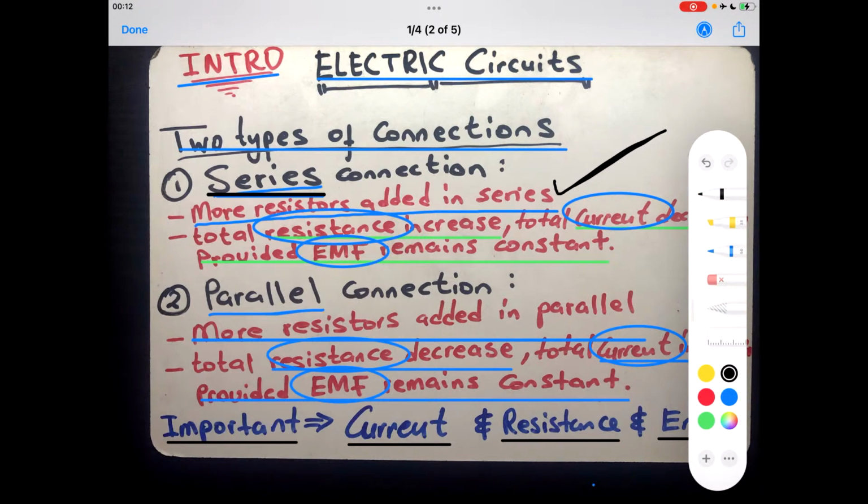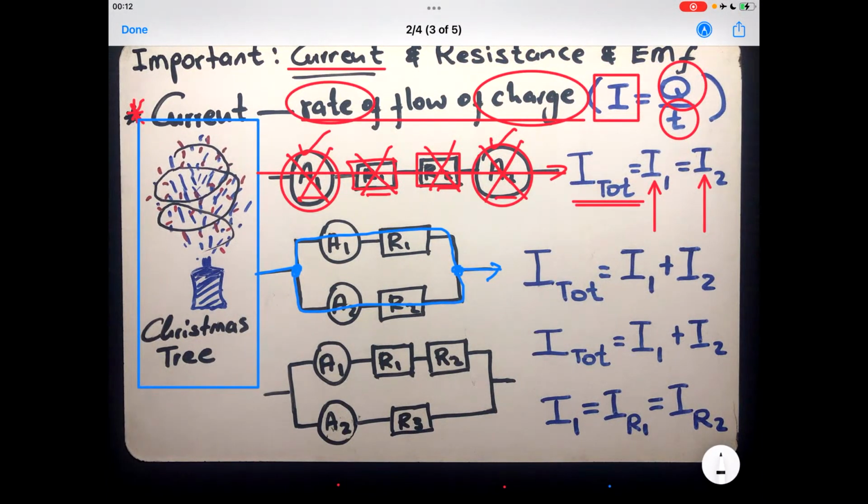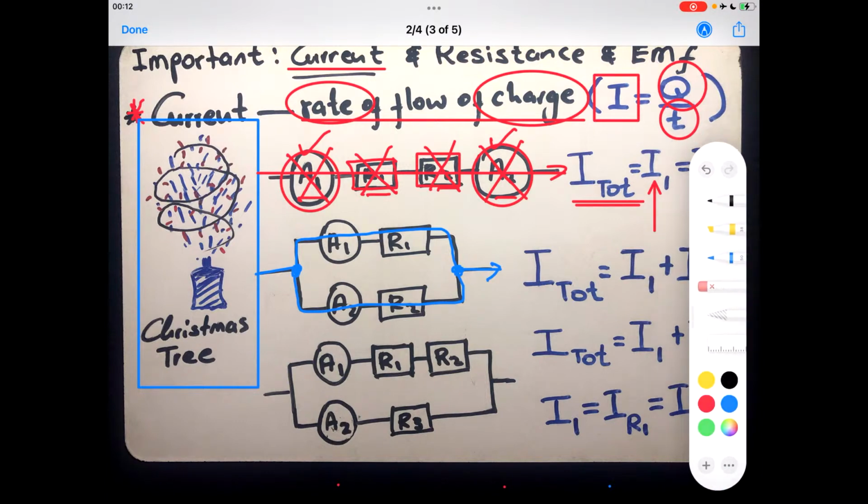It is that first line there. So let's go back to our slide and discuss further. I hope you did notice that the current splits in that case. Let me try to spice things up and see if that is going to help you understand better.